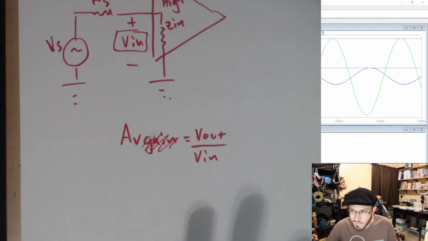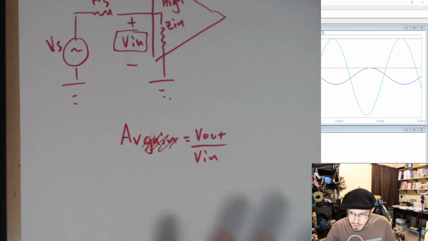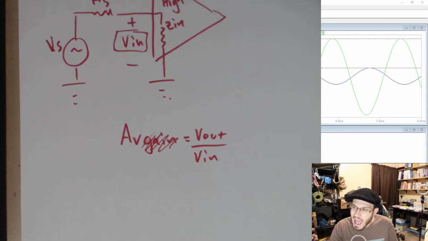So don't get those confused. The AC parameters that you calculated by hand in order to derive that generic amplifier model, that gain, in the lecture, I referred to it as open loop gain. In other words, not connected to anything.